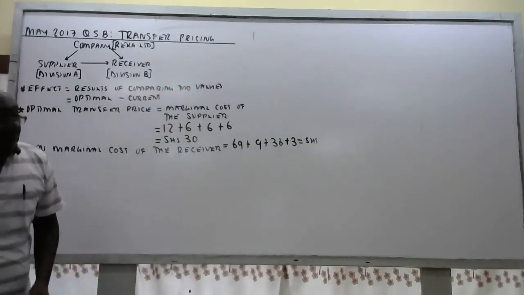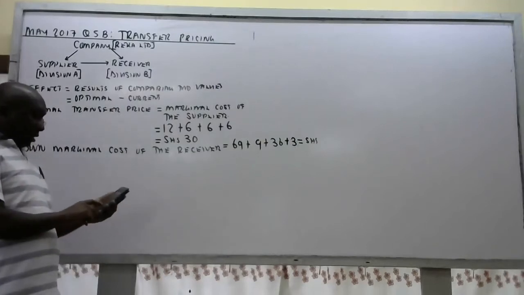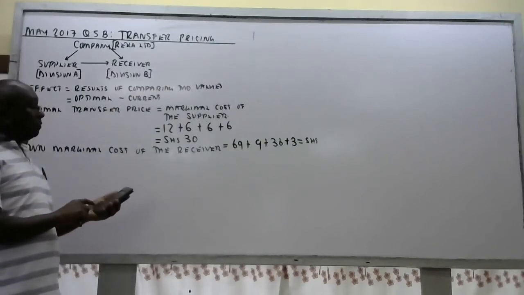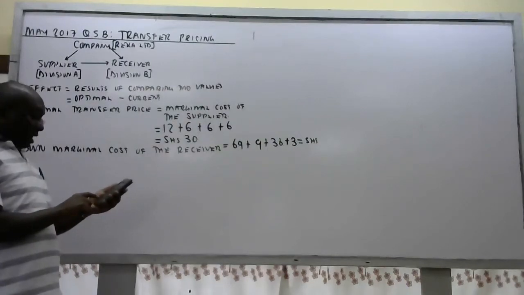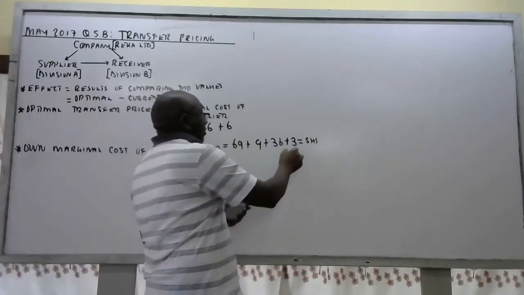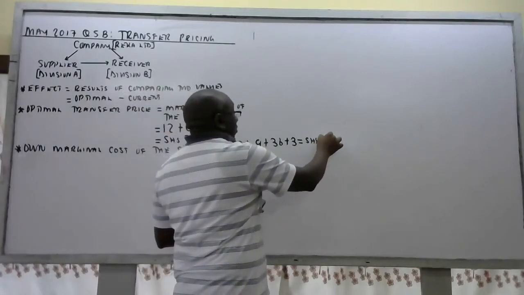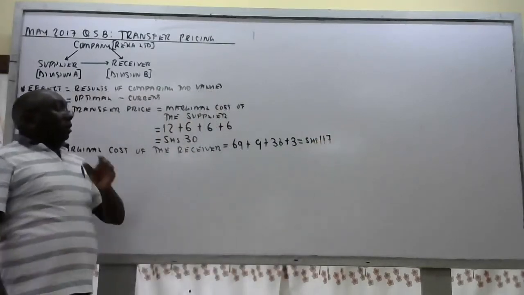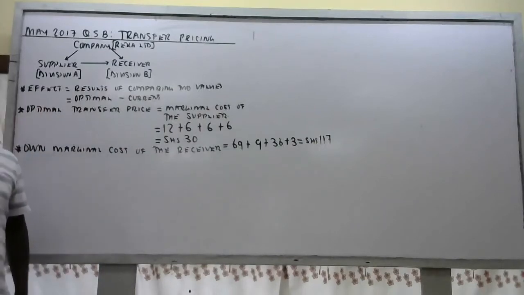So if you add those, 69 plus 9 plus 36 plus 3 is 117.